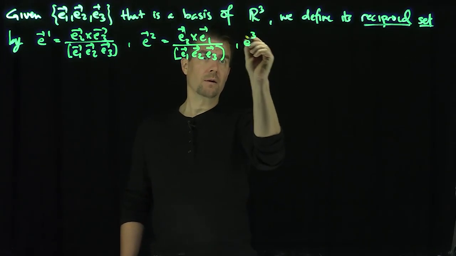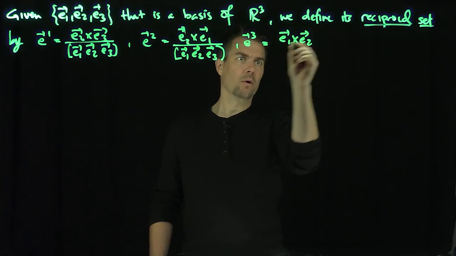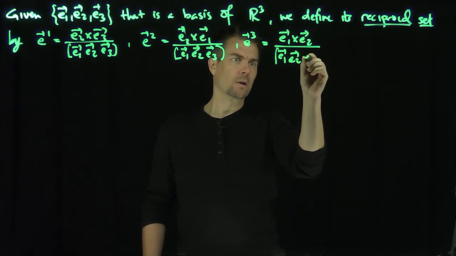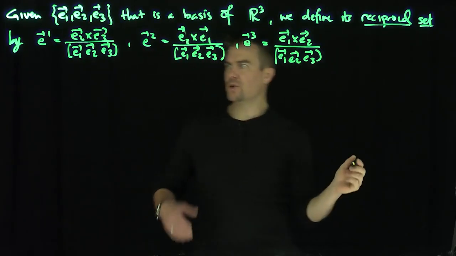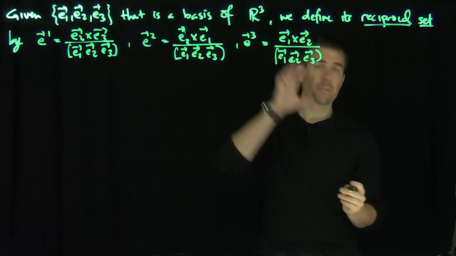And then finally E3 upper as E1 lower cross E2 lower over the determinant of E1 lower, E2 lower, E3 lower. Of course the denominators of all these are just the determinant of E1, E2, and E3, which is non-zero because it's a basis, right?